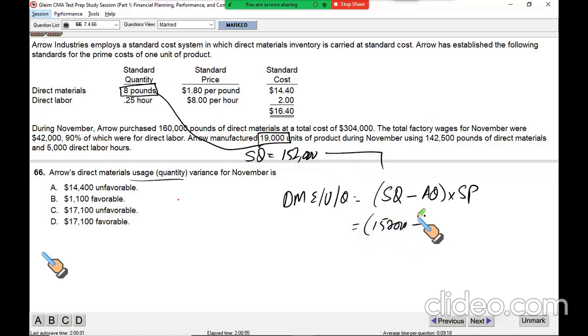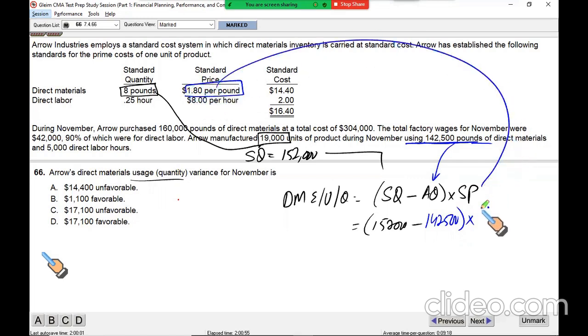But what is the actual quantity you used? You used 142,500. This is the actual quantity used. Multiply this with the standard price of material. This is the standard price, 1.8 per pound. As you can see, you use less material than standard: you use 142,500, whereas the standard was 152,000.